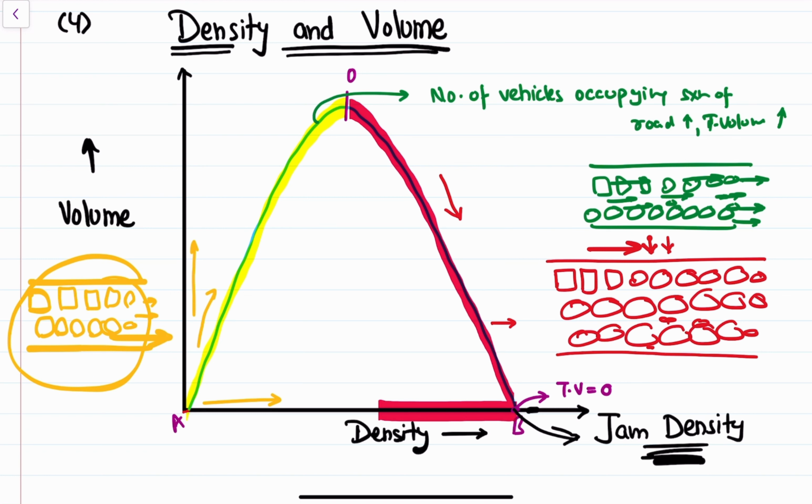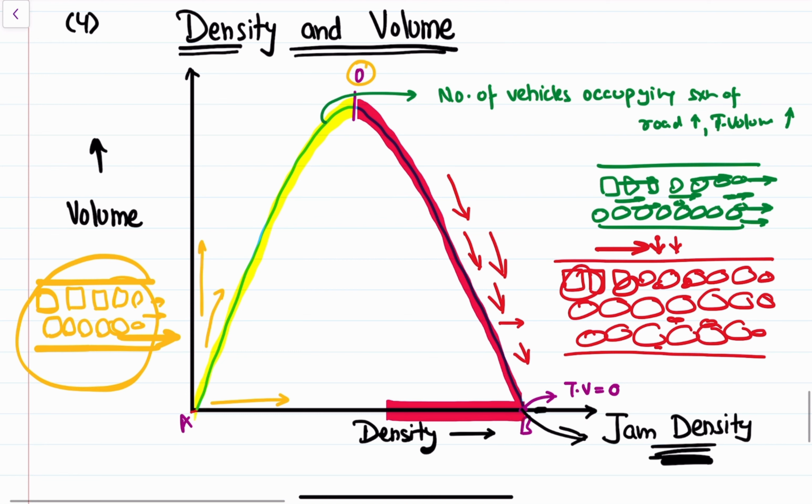But soon enough, after point O, the occupancy of the vehicles becomes so much that the crossing follows a decremental trend. And soon enough, there is no crossing of the vehicles. All the vehicles are standing still.